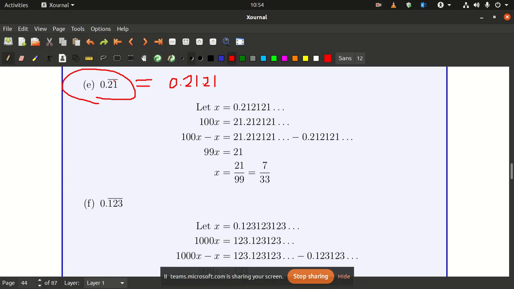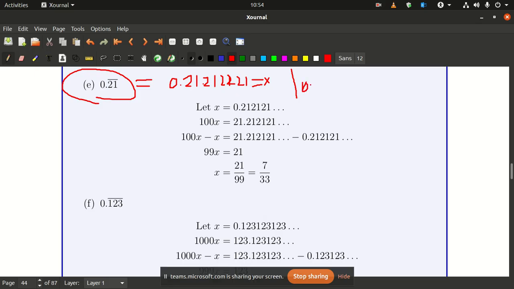There's a bar there. Now, when you look at this, let me write this: 2, 1, 2, 1, 2, 1, and so forth. This is actually my x. Now, I also have 10 times.